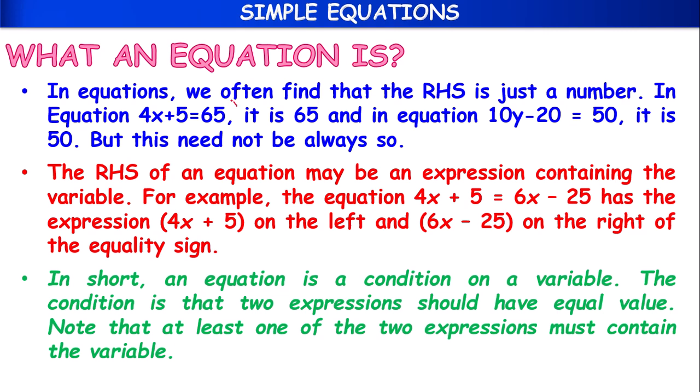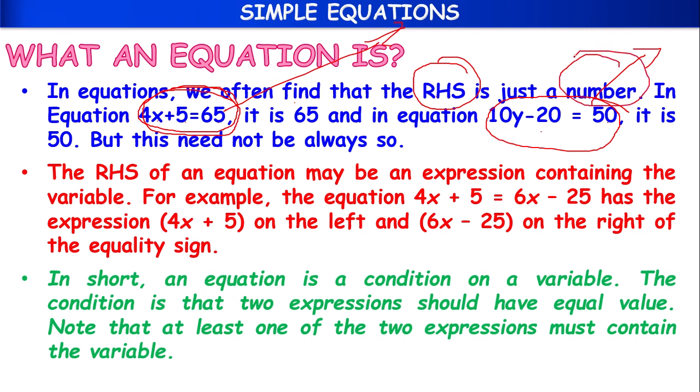In most equations, like 4x plus 5 equal to 65 or 10y minus 20 equal to 50, we observe that the RHS most of the time will be just a number, and the LHS will contain the unknown value, the variable.